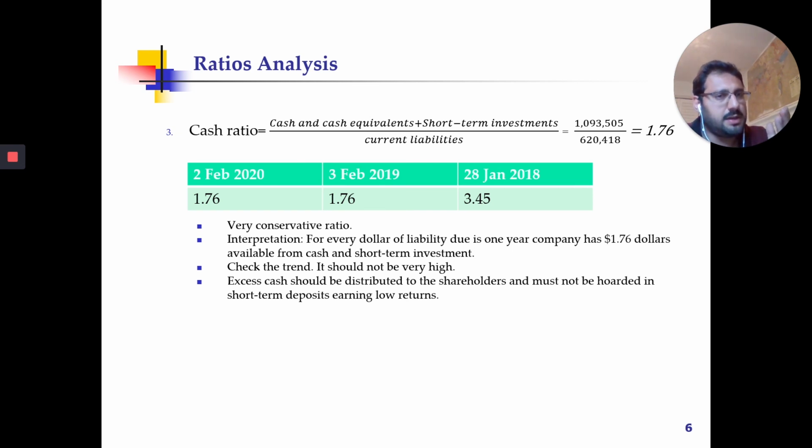But if your role is being a stock investor and you analyzed the liquidity ratios and found this number, you want that cash to be invested into the project or to be distributed among the shareholders so that you can get a better profit. So you do not want the company to hoard money in the shape of short term investment where they are getting very low returns.